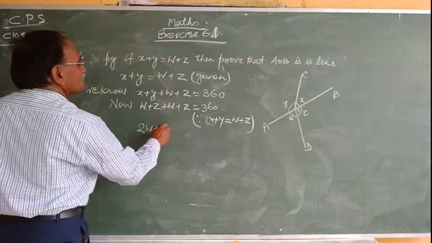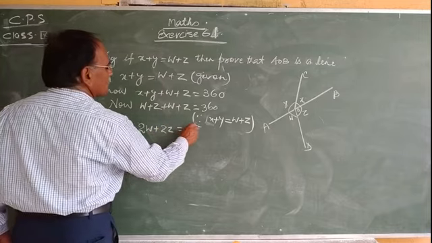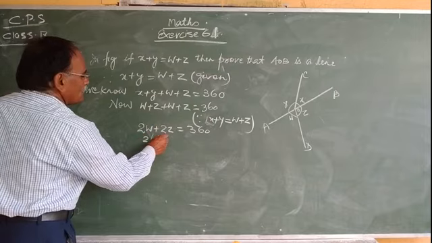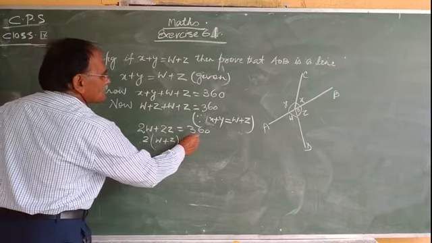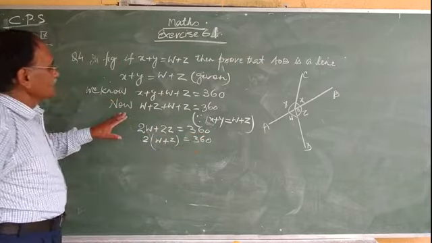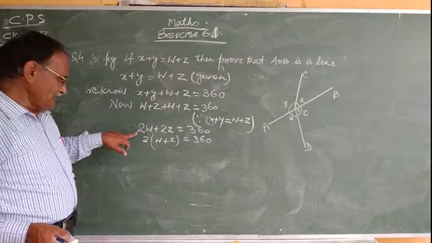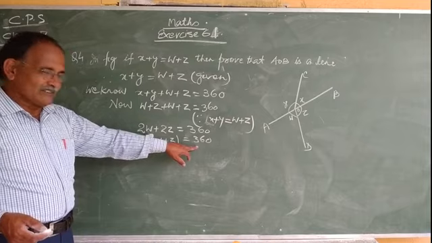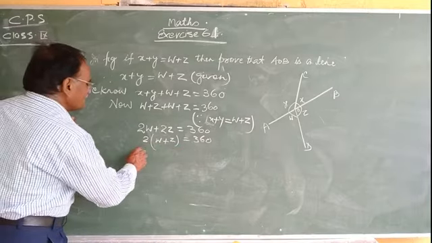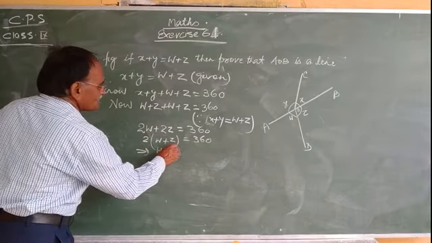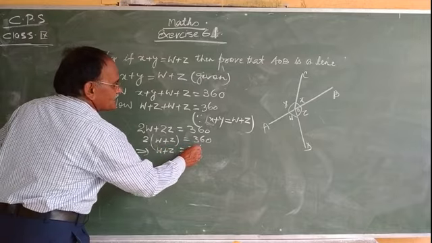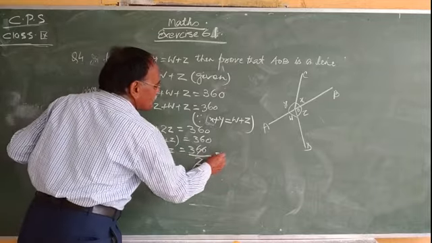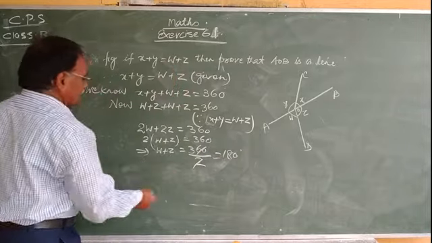2w plus 2z is equal to 360. Because 2 is common, we can take 2 out. Then it is 2 times (w plus z) is equal to 360 degrees. This implies w plus z is equal to 360 divided by 2, and this will be 180 degrees.